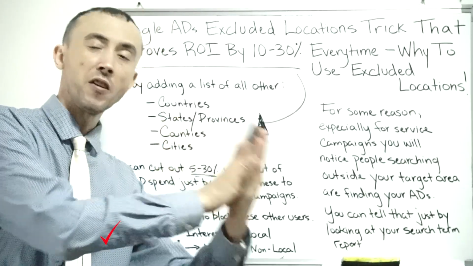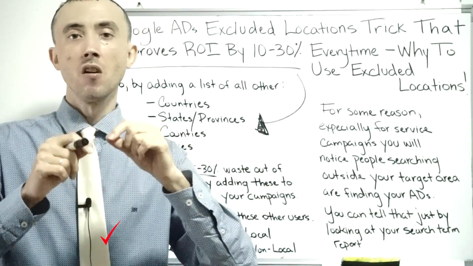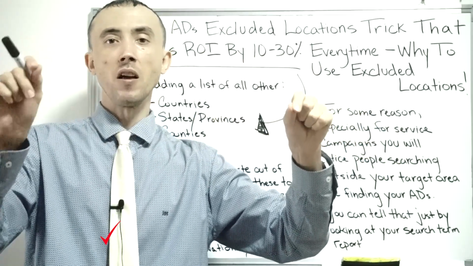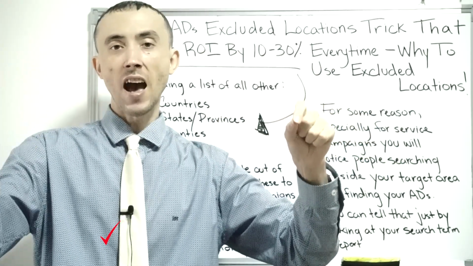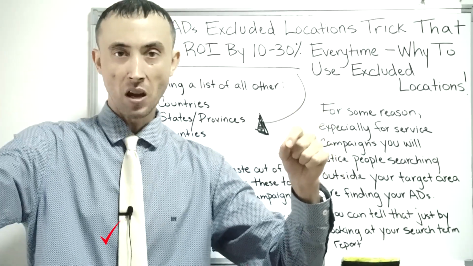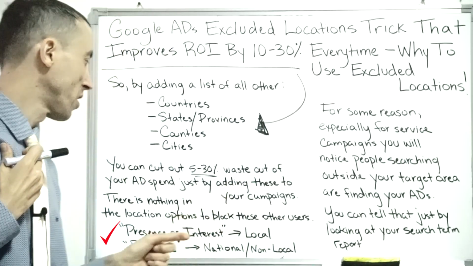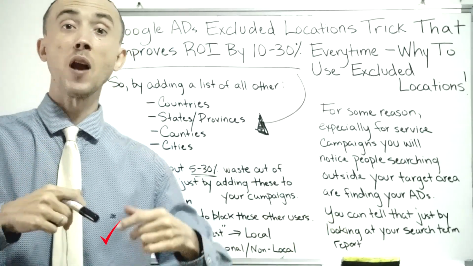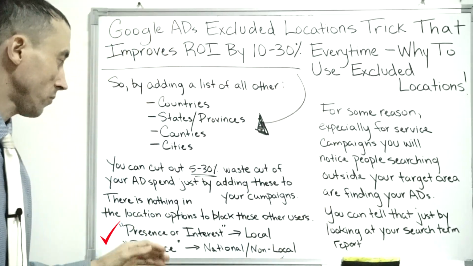The people from the other half of Orlando, because people often search at work. If they're at work searching for a service they want done at their house in an area you do service, your ad risks not showing up for that person, which is why you want to use presence or interest for local businesses specifically, because they're regularly in those areas.